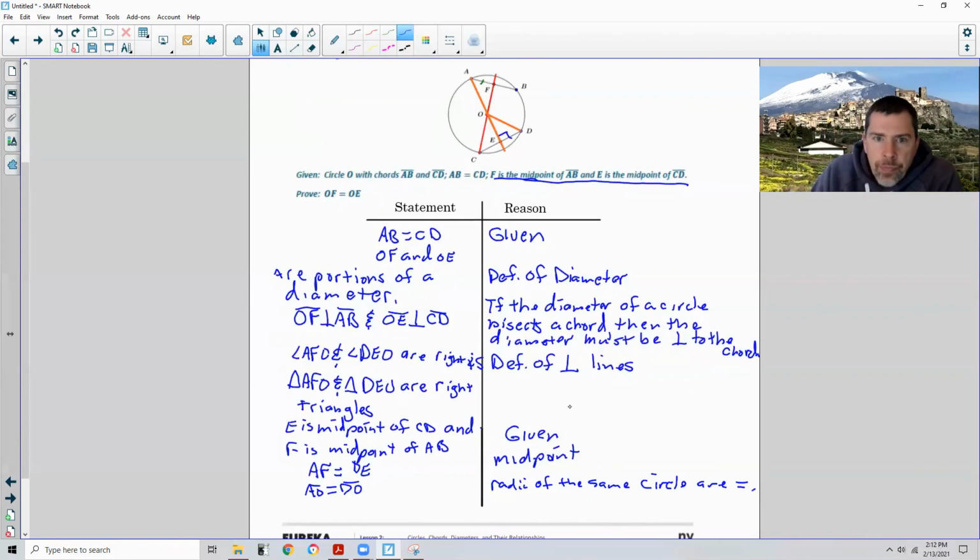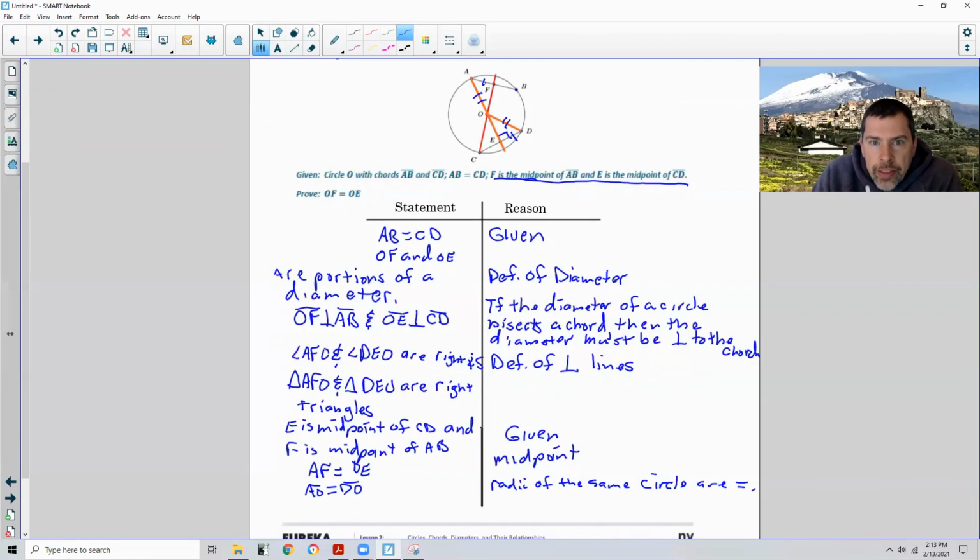Okay, so now what do I have? Let me go back and label this now. So what did we say? AB, that's not part of our triangle, equals CD. But here we said E is the midpoint, so we said AF equals DE. So AF is congruent to DE. We just said OD is congruent to OA.